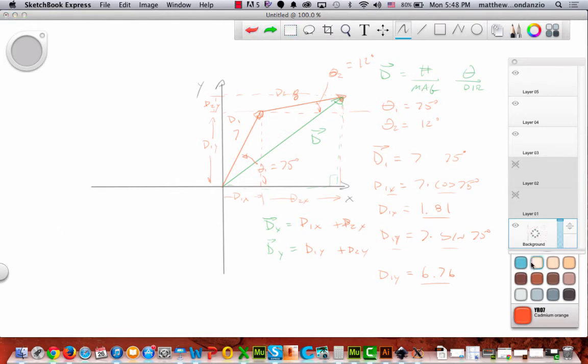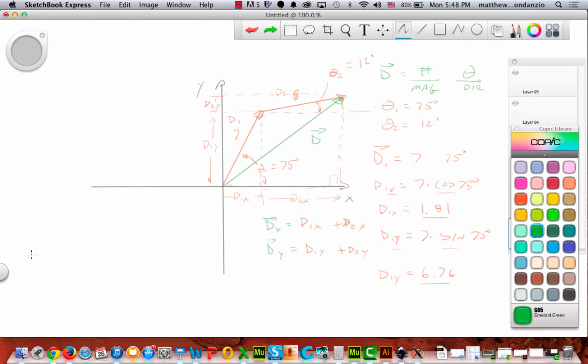If I come back to this here, d is essentially, let's do this, where we've got this is our D vector, which is really d1x plus d2x, this length, right? And this length is d1y plus d2y, right?